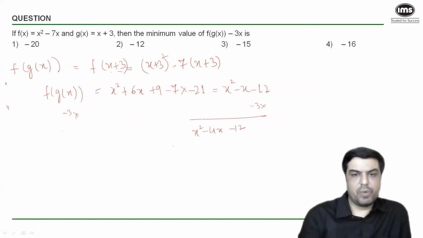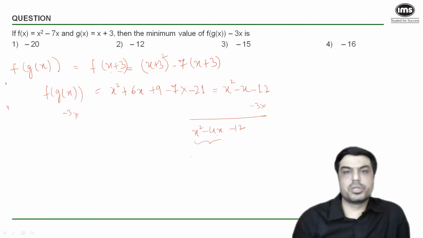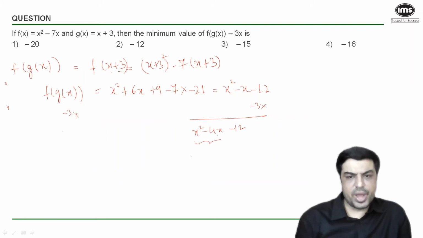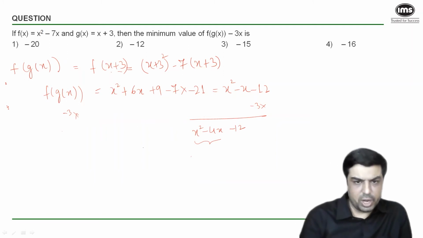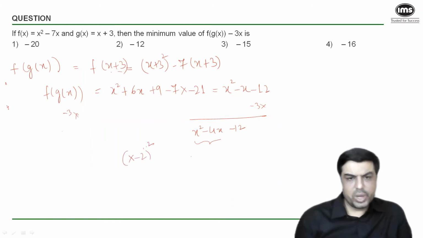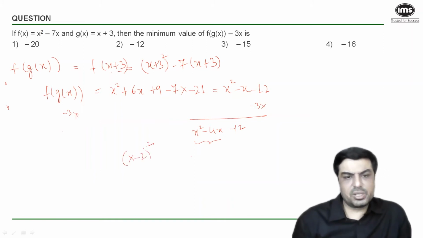Now we will try and complete a perfect square over here. How do I complete a perfect square here? I will concentrate on these two terms, not on the constant. So x square minus 4x. In what perfect square do I get x square minus 4x? It's easy to figure out that it is x minus 2 whole square. What is x minus 2 whole square? It is x square minus 4x plus 4.